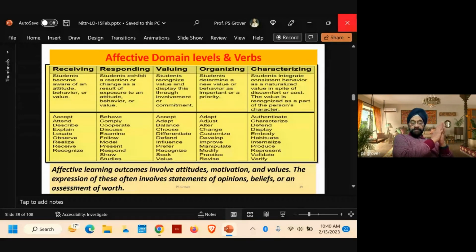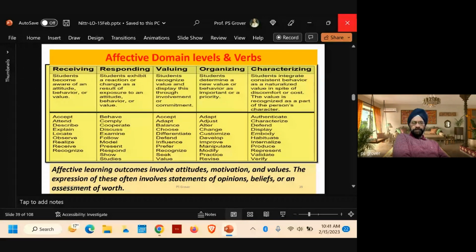When I design a learning outcome which involves affective domain, then I should be able to see what I want my students to imbibe. Examples, we say it's good to speak the truth. A student understands it is right, truth is valuable.